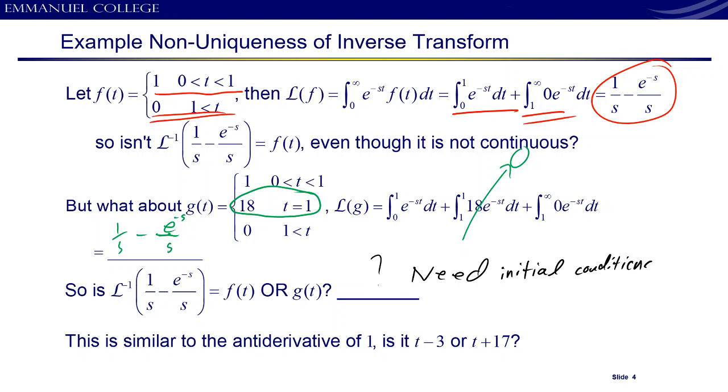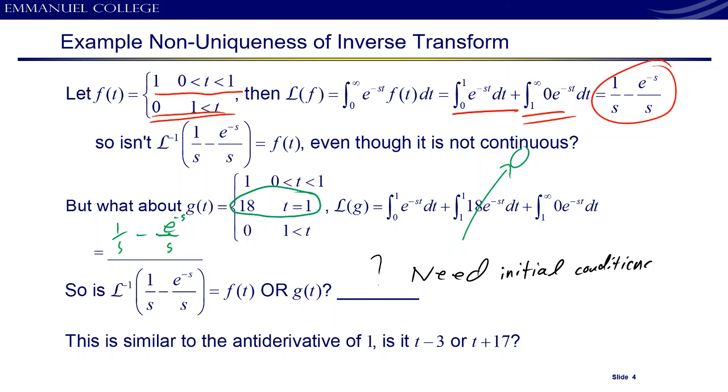If you had that initial condition, though, that t had to equal 1, then you might be able to go back a little bit easier, because you can look at this one and go, oh, 1 over s e to the negative s. I could think about this as the same as e to the 0 or e to the negative st over s, that being evaluated from 0 to 1.